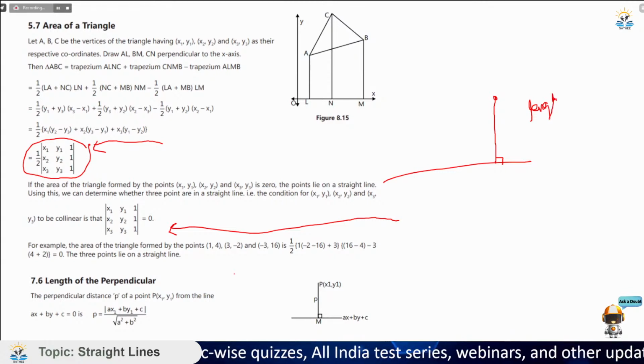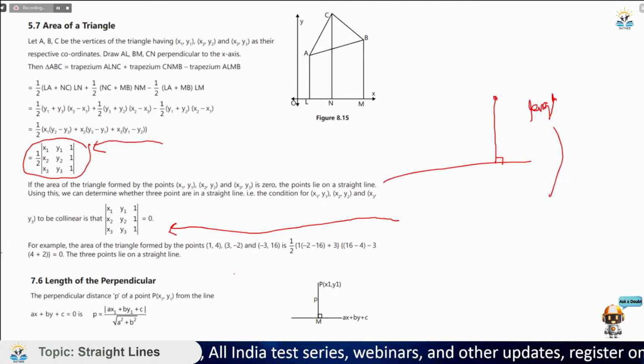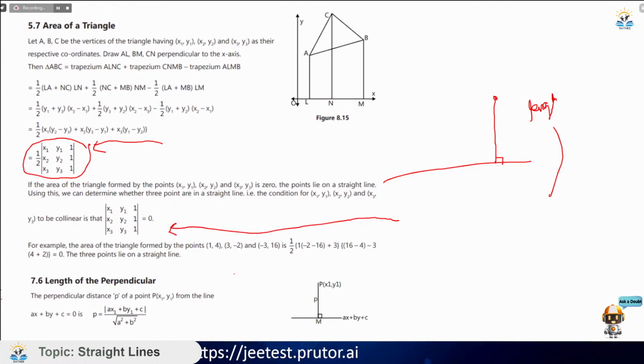So the perpendicular distance P of a point P(x1, y1) from the line ax plus by plus c, or y is equal to mx plus c, anything it can be given, is equal to the modulus of ax1 plus by1 plus c, meaning put in the values of x1 and y1 in the equation of the line, divided by the square root of a square plus b square.